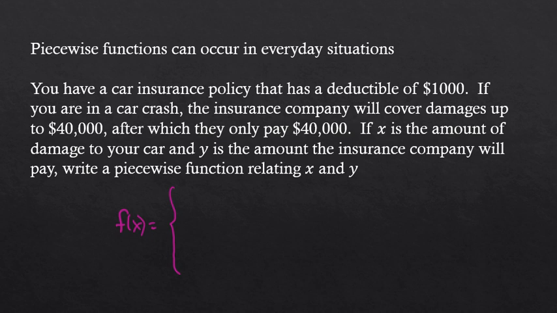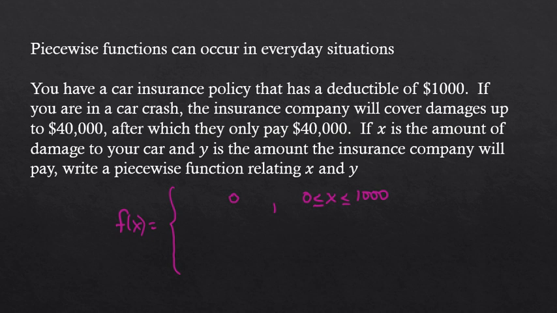So if X is greater than or equal to 0 and less than or equal to 1,000, the car insurance company is not going to pay any money out. So that's just going to be a 0 for the value of your function, or for Y. They're not going to pay any money out. You're going to be paying all of that on your own.